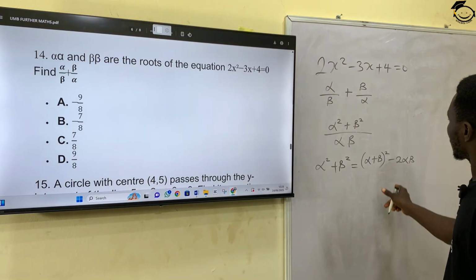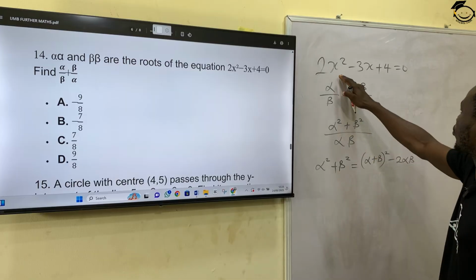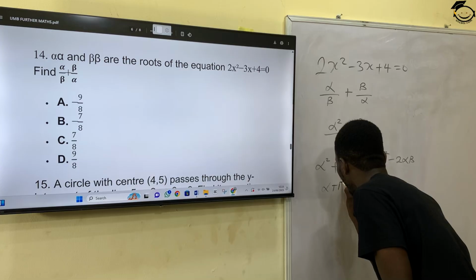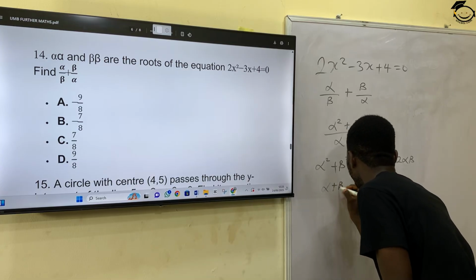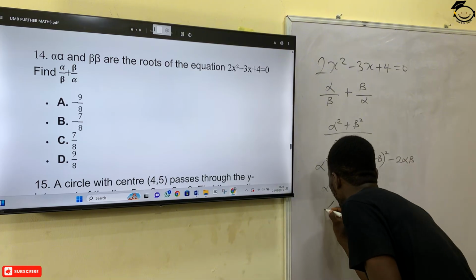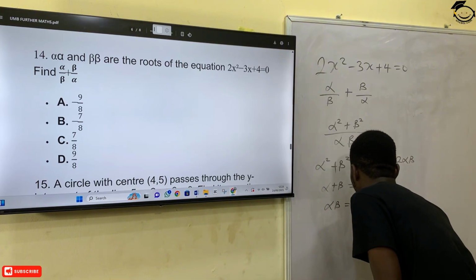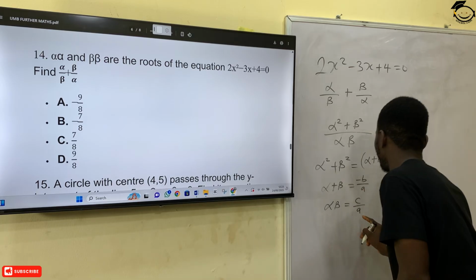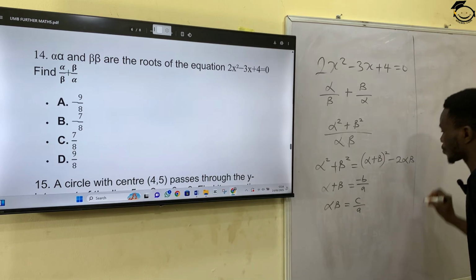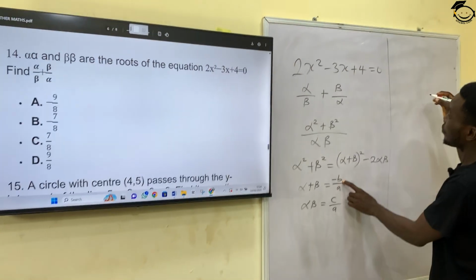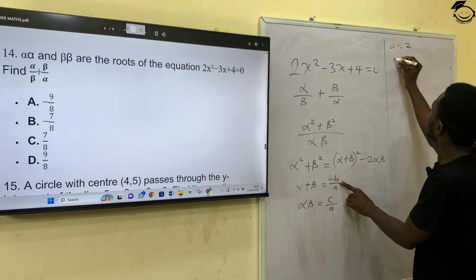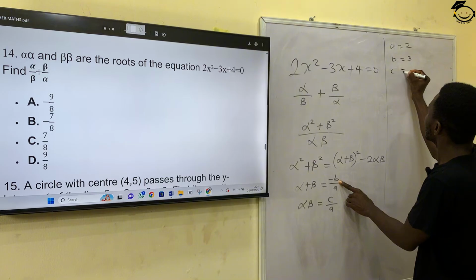Since this is what I have, because we already know that alpha plus beta is supposed to give us minus B over A, and alpha beta is supposed to give me C over A, if I substitute this, my A is 2, my B is minus 3, and my C is 4.